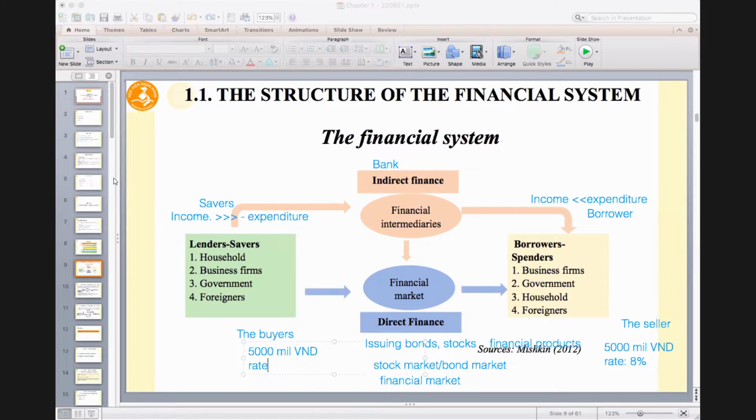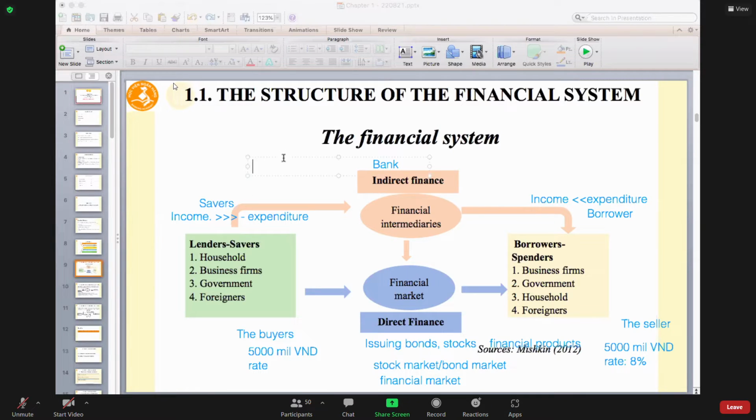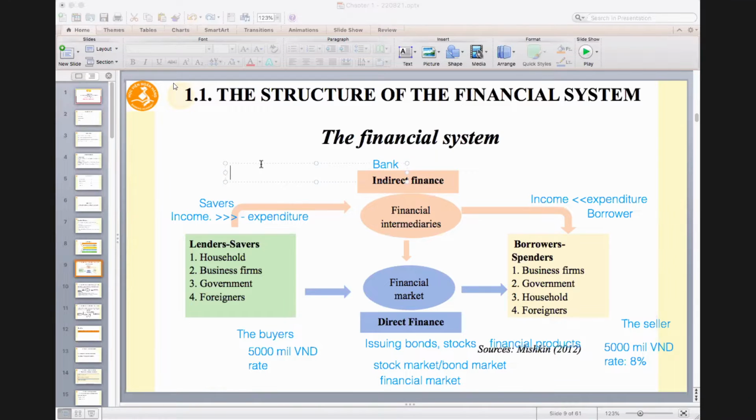However, in this case, with the bank, the saver will deposit an amount of money, and I suppose the interest rate is about 6%. However, when the borrower borrows money from the bank, the interest rate is certainly more than 6%.